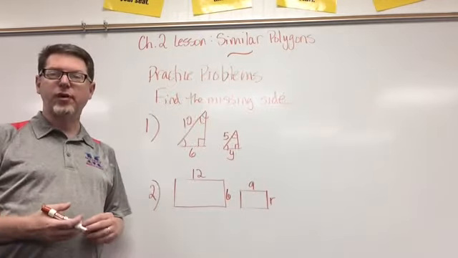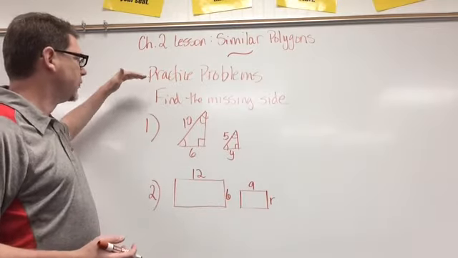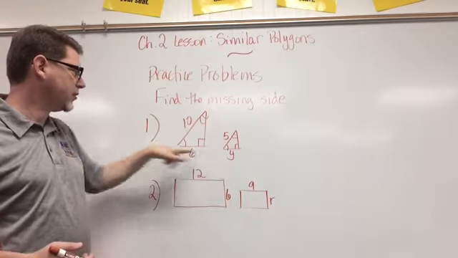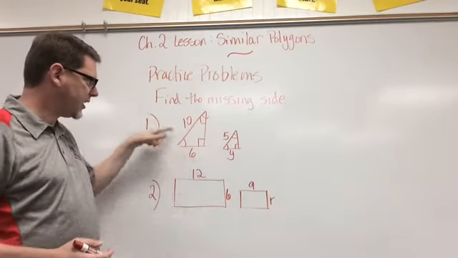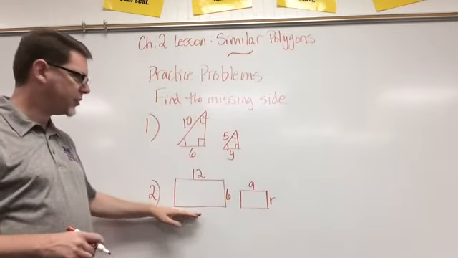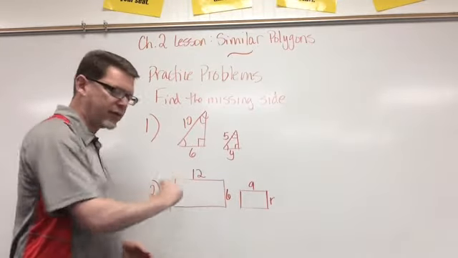Here are the 2 practice problems that I would like for you to do based off our lesson today. The first one, well, both of them say find the missing side. So in the first one I have 2 triangles and it shows which angles are congruent, and I have given sides, and then I need you to find what y is by setting up a proportion. Number 2, same thing. 2 rectangles, some of the sides are given, one of them is missing.